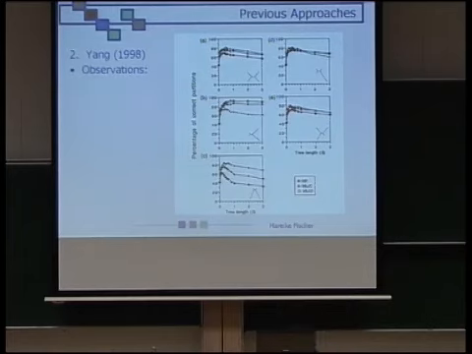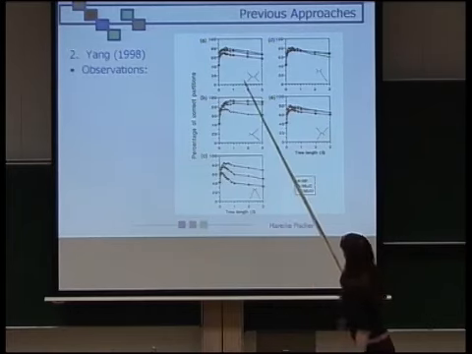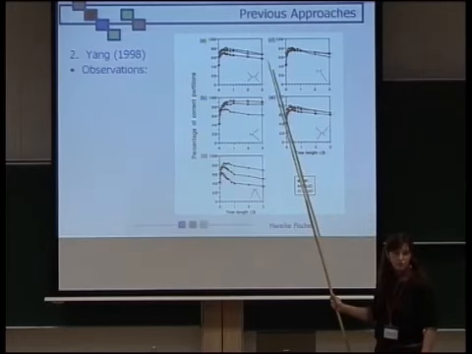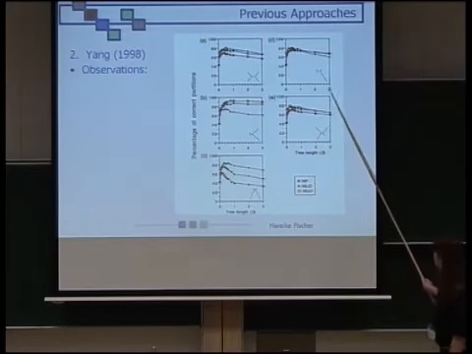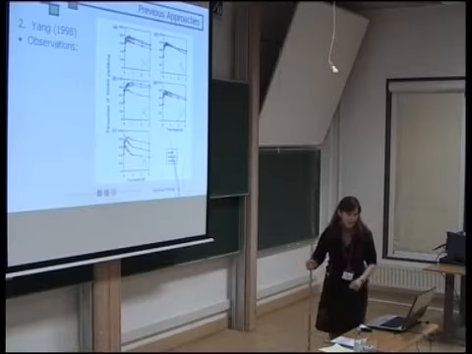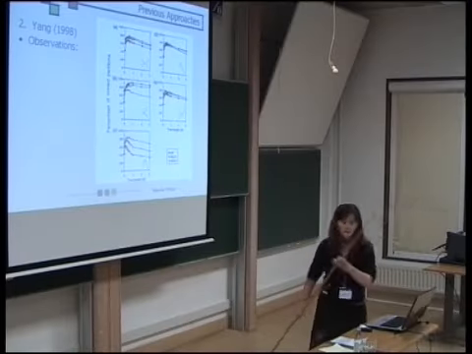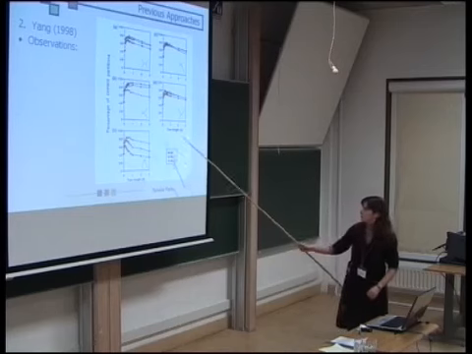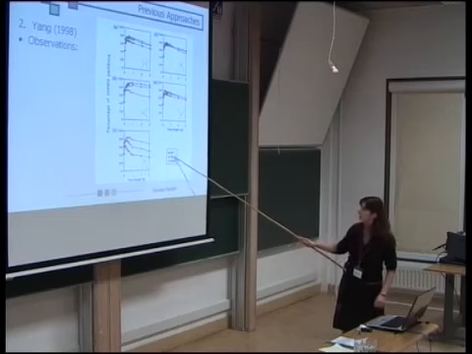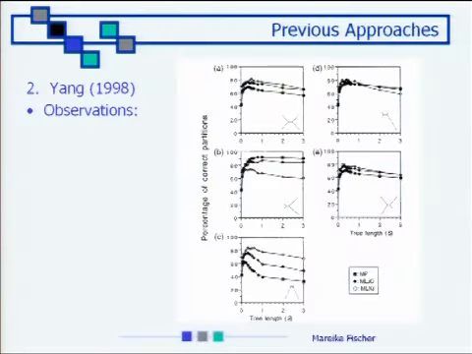For instance, he had this scenario of 4 pendant edges of the same length, and here we have 1 pendant edge being extremely long. And he investigated 3 methods. The squares are the maximum parsimony method, and the other 2 are maximum likelihood under different model assumptions. I think it was Jukes-Cantor and the Kimura plus Gamma model.